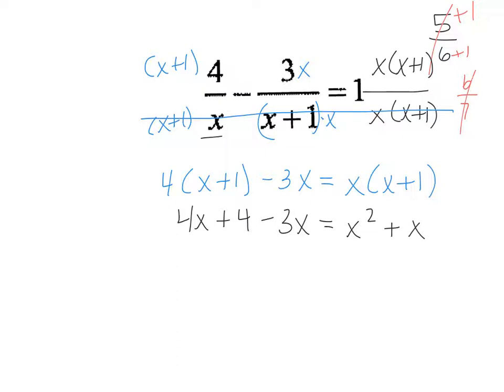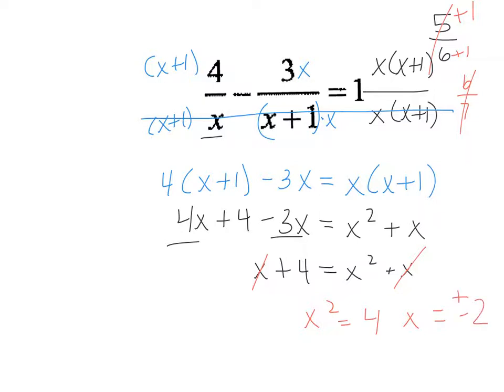So over this side it's going to be x plus 4 equals x squared plus x. Subtract x from each side, so x squared equals 4, x equals plus or minus 2.